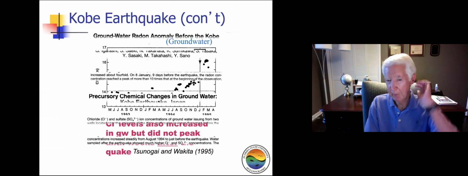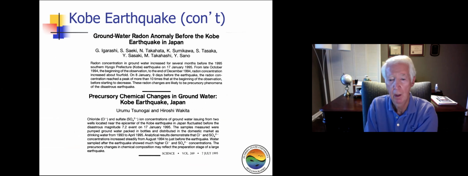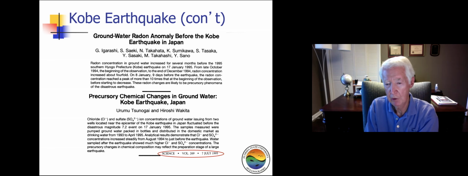Another impressive thing about these two papers, they were published back to back in Science. And take a look at the date, July 7, 1995. The earthquake was January 17th, 1995. So they didn't wait around. They were really on the ball.